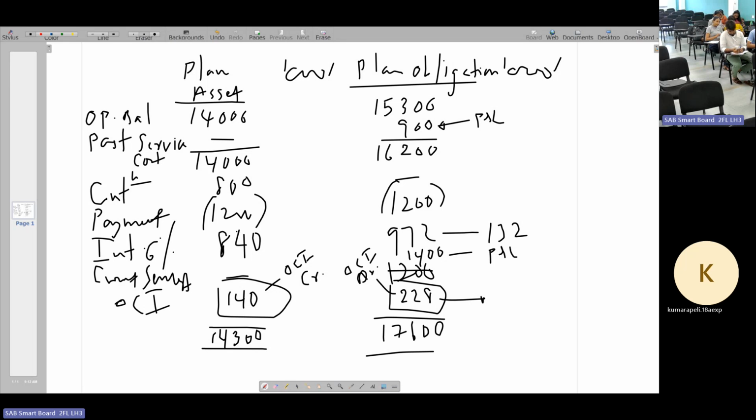Actuarial loss here, 88. OCI debit. These two figures, what's the net obligation?